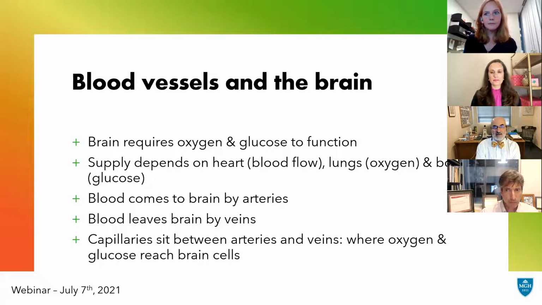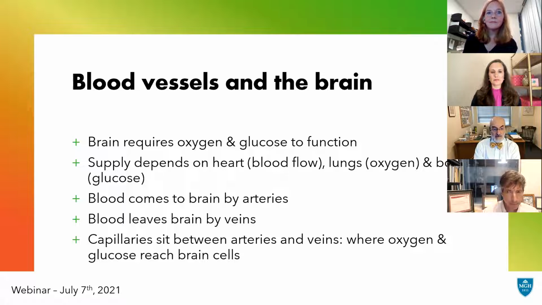So it is basically eating all the time, and getting that oxygen and glucose there really depends on blood flow. So blood flow is pumped by the heart. It has to be oxygenated by the lungs, and it has to have glucose in it from your eating and your liver and the rest of your body that give that nutrition to it. And that's what lets the brain function, both function normally and unfortunately function abnormally.